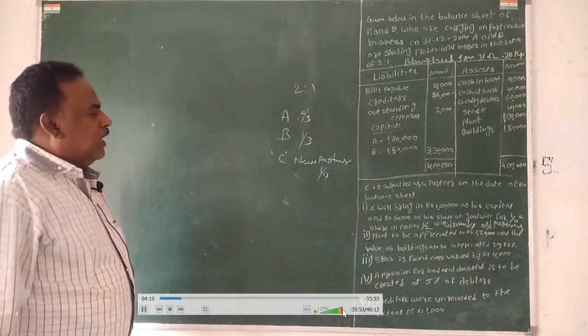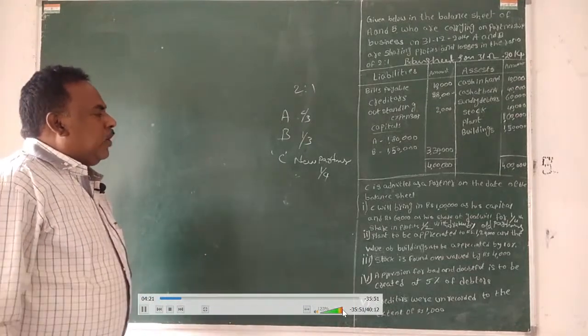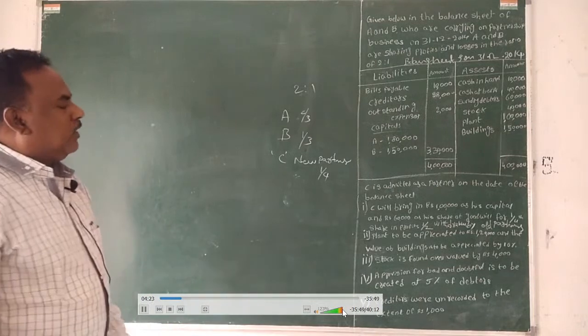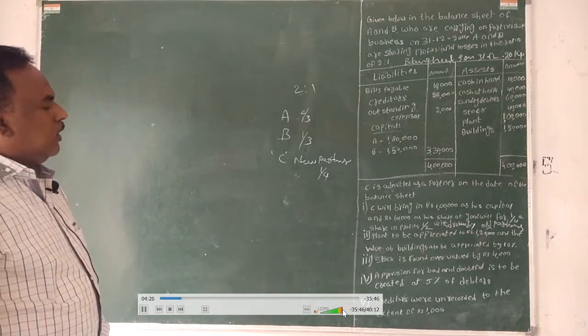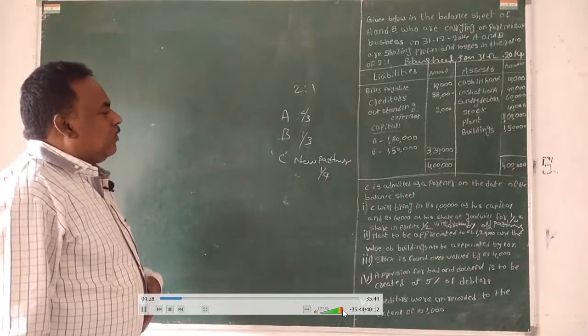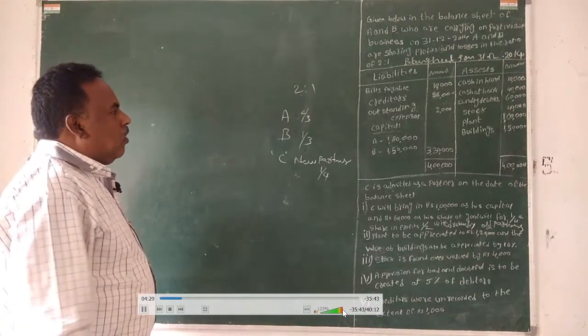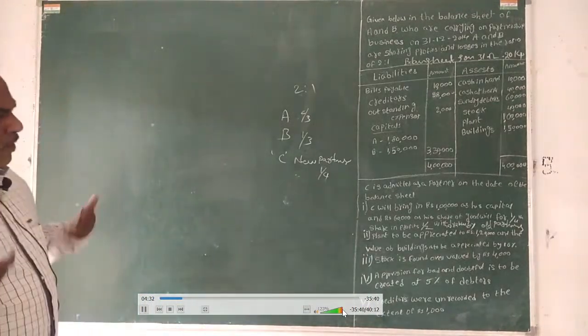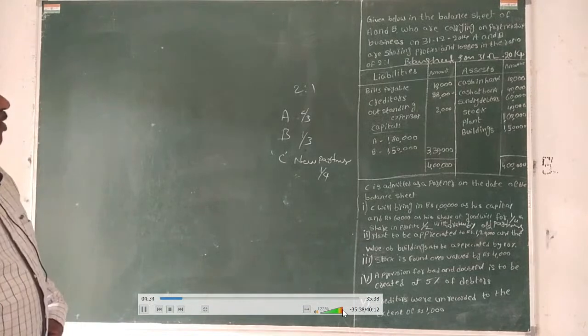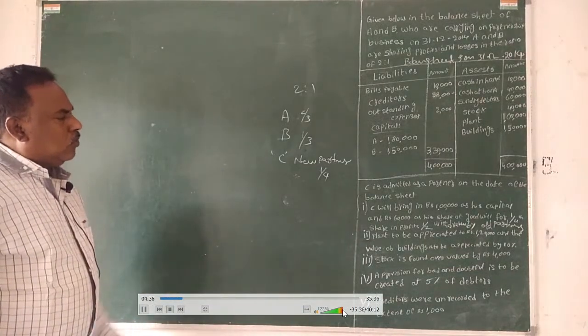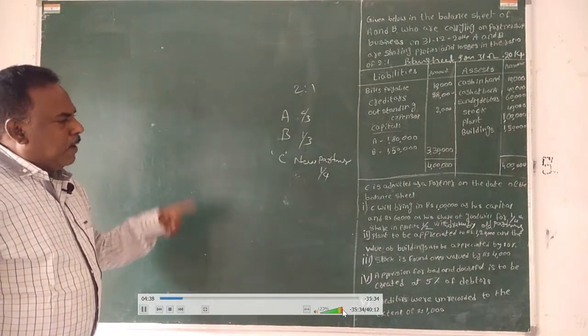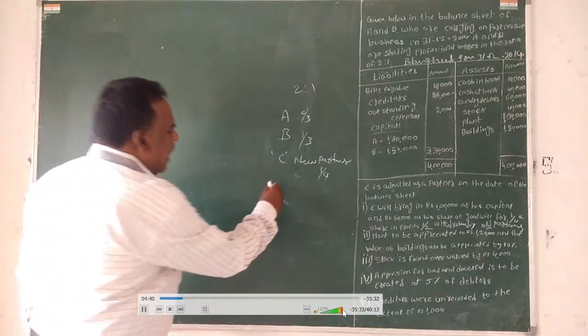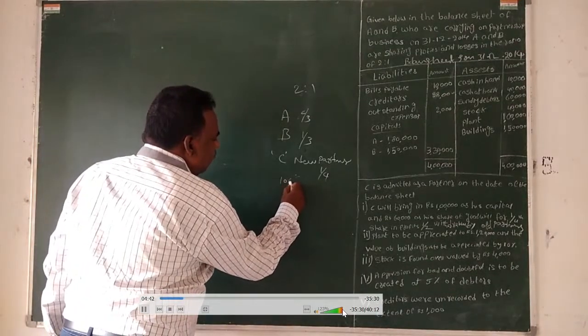So C brings 1 lakh as share capital for a 1/4 share. Capital of C is 1 lakh for the 1/4 share. C will bring rupees 1 lakh for 1/4 share.